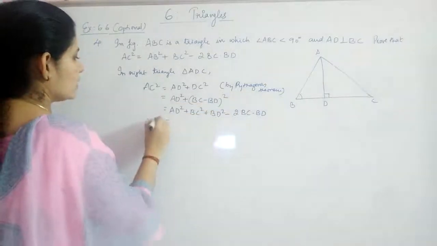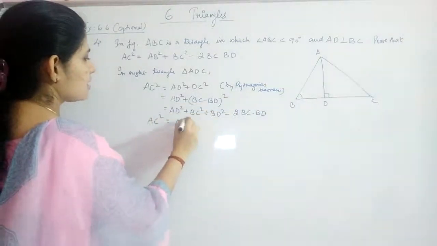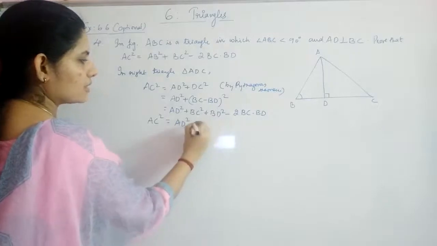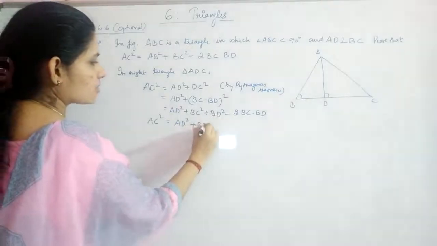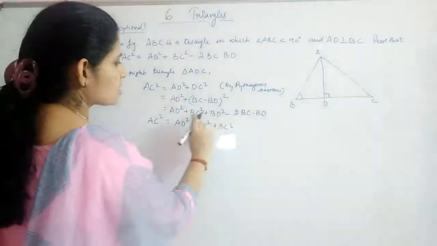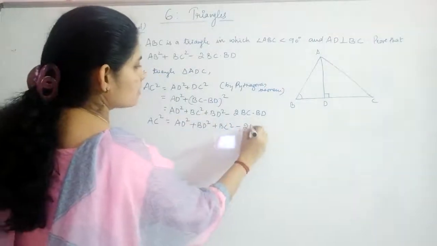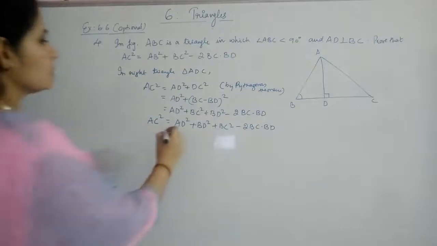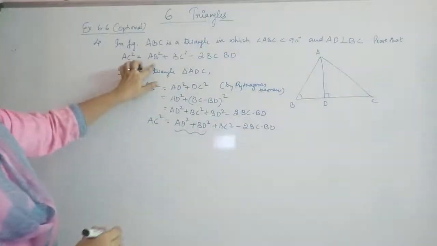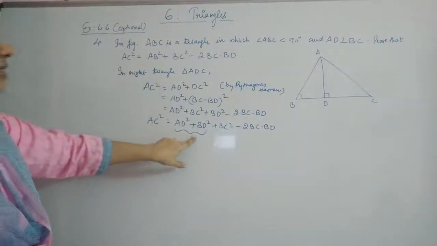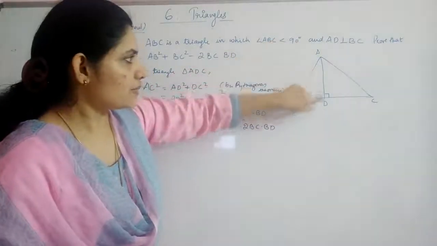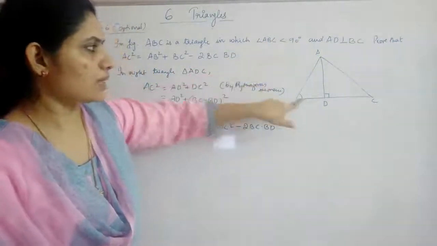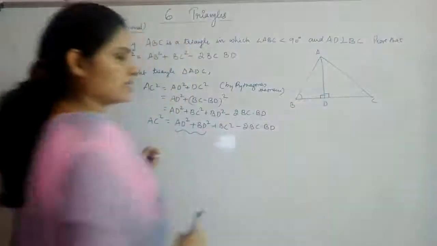So AC square is written as AD square plus BD square plus BC square, just interchanging the terms, minus 2BC into BD. Now you have to replace these two terms to get the answer. So what is AD square plus BD square? AD square plus BD square will give you AB square, because this is also 90 degree here.